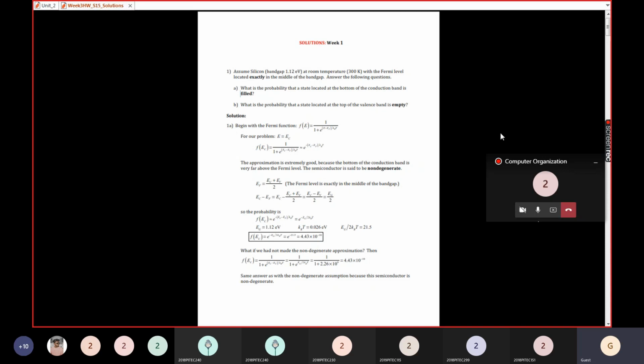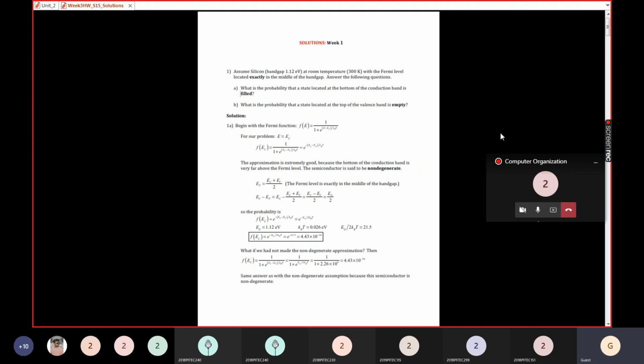The next thing we have to find is the probability that a state located at the top of the valence band is empty. How many electrons and holes are remaining empty in the valence band? That also we need to check here. So remember, first, silicon is the material which we are going to use.